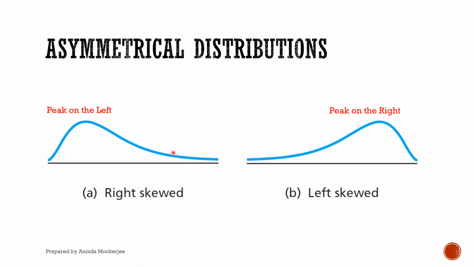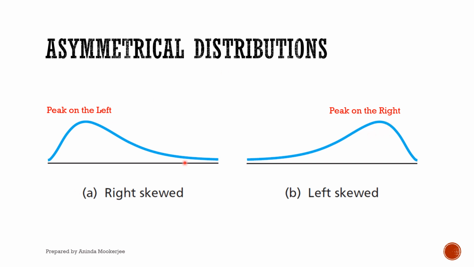We've already talked about the asymmetrical distributions before, but let's go over it one more time before we finish this section. A right skewed curve is one which has a peak on the left and a long tail to the right. A left skewed curve has a long tail to the left and it peaks on the right.